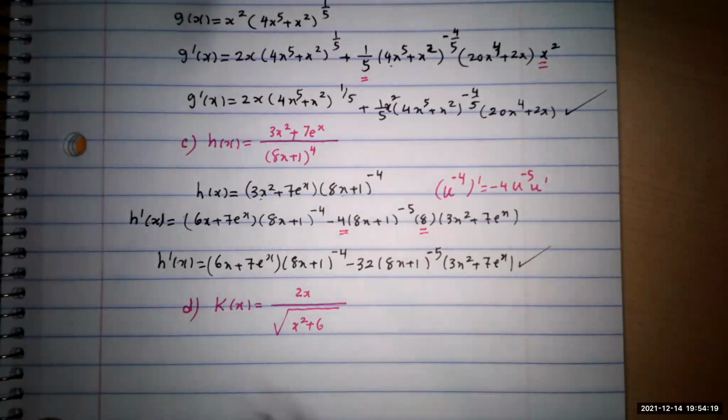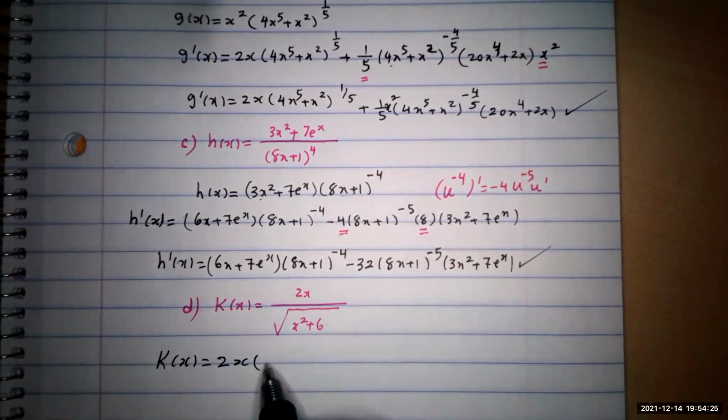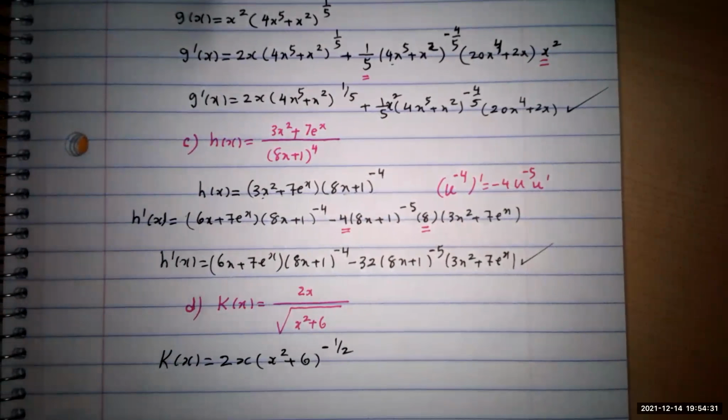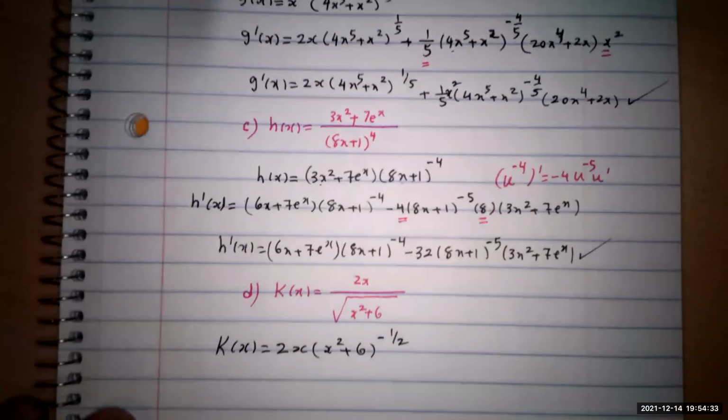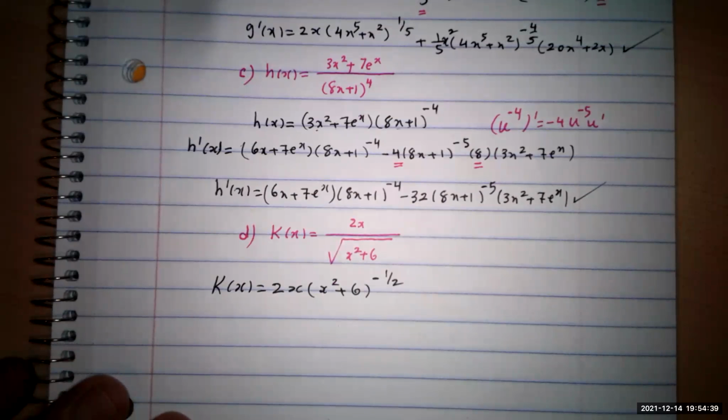So the suggestion is going to be k of x equals 2x times (x squared plus 6) to the negative half. See, now it's a very easy derivative to take. Derivative of the first times the second, just 2. Second times the first is like u to the negative half.